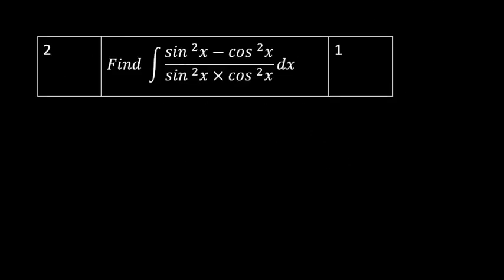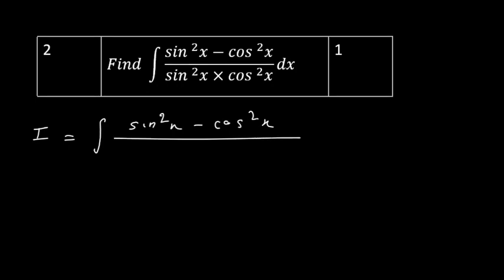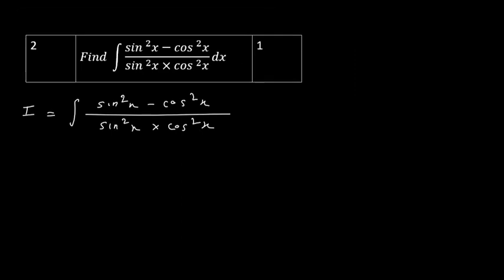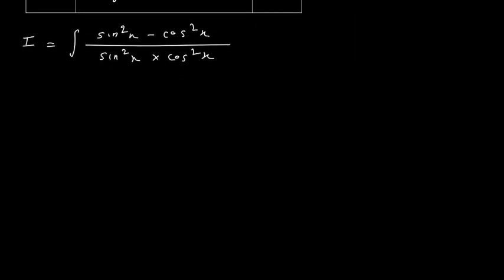Now here also we will split or we will separate. So I is equals to, first I will write problem, which is sin square x minus cos square x whole divided by sin square x into cos square x into dx.